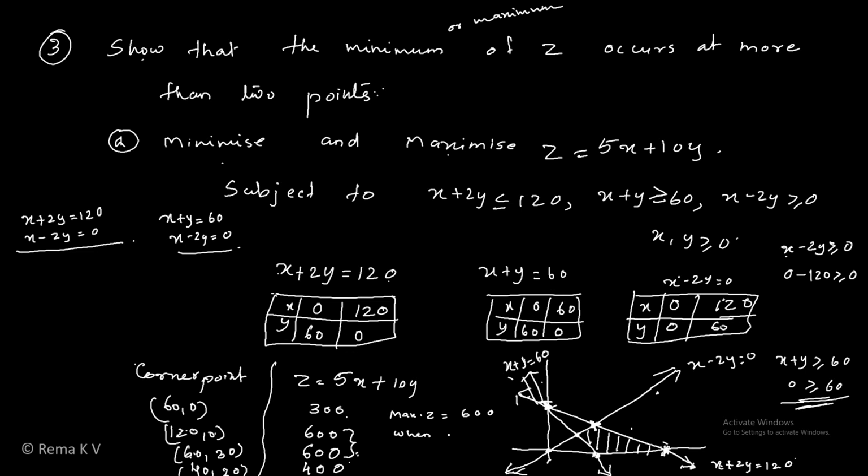So you can write when 60 less than or equal to x less than or equal to 120. That means x lies between 60 and 120 and y lies between 0 and 30. 0 less than or equal to y less than or equal to 30. This is the solution. Maximum occurs at these 2 points. So you have to conclude your answer like this.